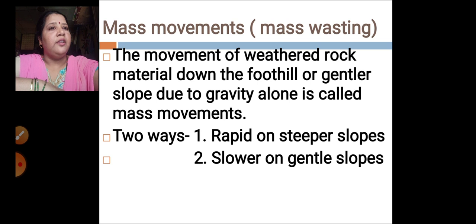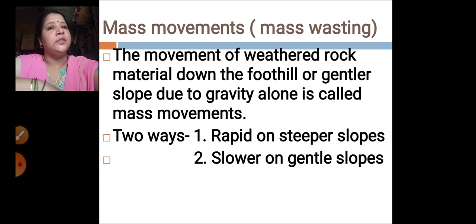Let's see what this mass wasting is. The movement of weathered rock material down the foothill. Sometimes the weathered rock material moves down the foothill or gentler slope, slowly or maybe fast, just because of gravity alone.